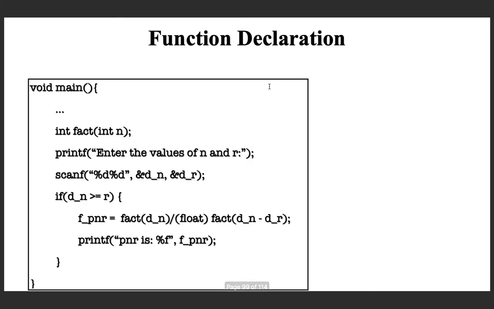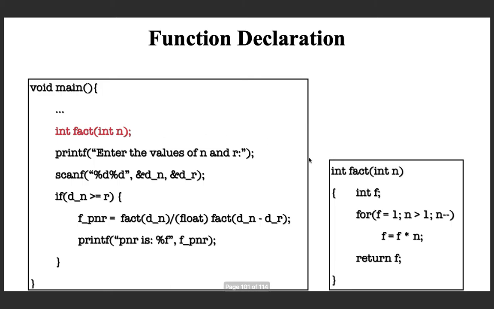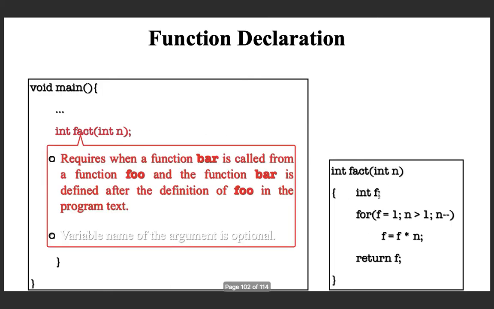So, function declaration. When you want to declare a function, here you can see that fact is a function which is declared over here. A function declaration is required when a function, say bar, here in this case fact, is called from another function foo, in this case main, and the function bar is defined after the definition of foo in the program text.